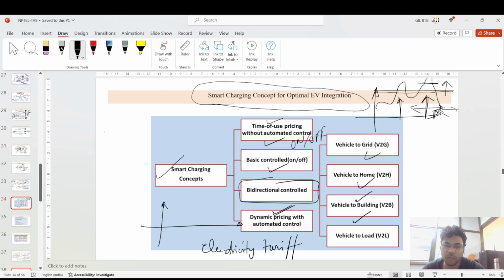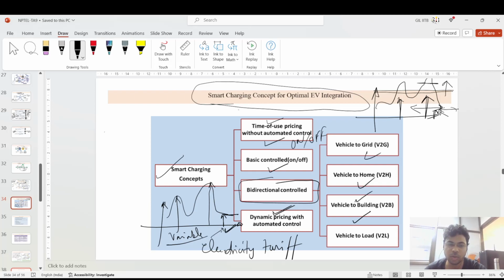Dynamic pricing means there are electricity tariffs which vary based upon the day. Suppose there are a morning peak and an evening peak; at that particular time the electricity tariff will be higher. The tariff is variable: it is high when the peak hours are there, and low when the non-peak hours are there.